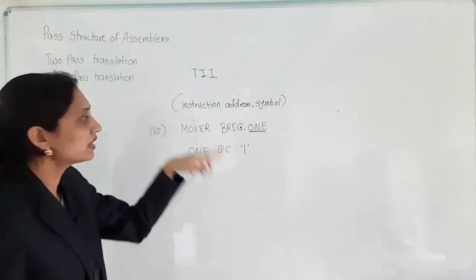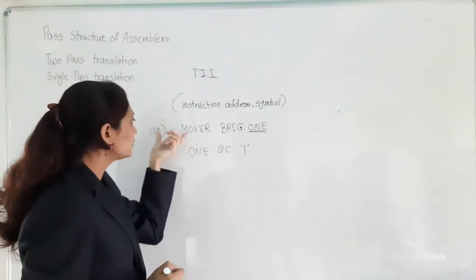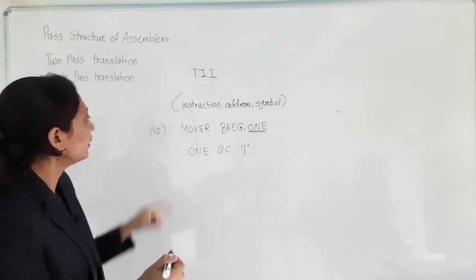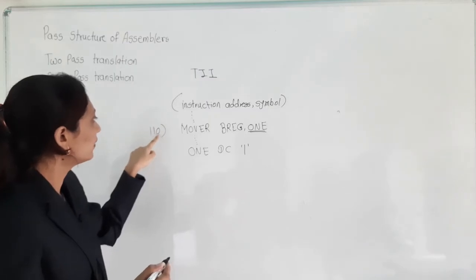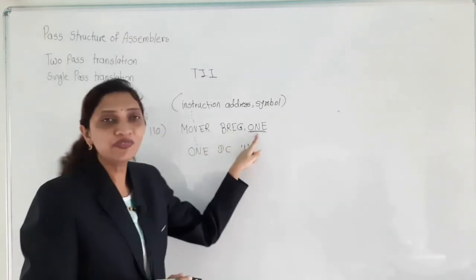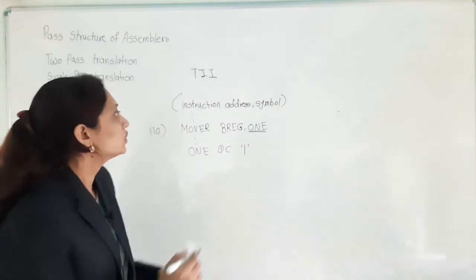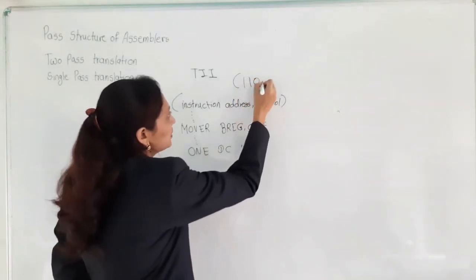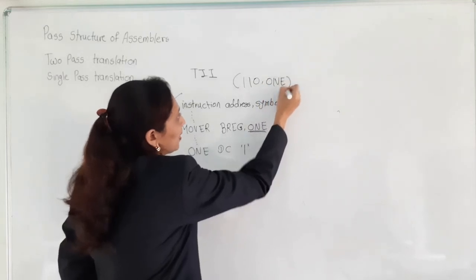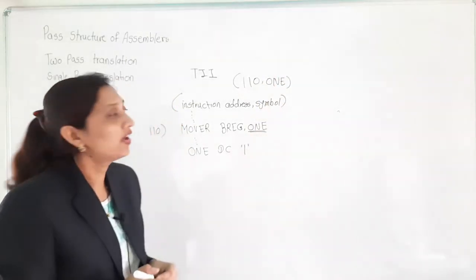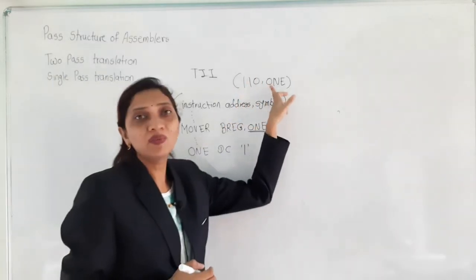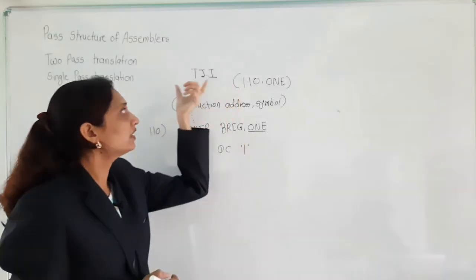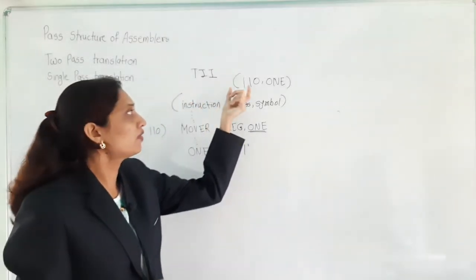Then the assembler knows that for statement 110 the forward referencing symbol ONE has come. So it enters in the TII table as 110, ONE. That is, at instruction 110, symbol ONE is there, which is a forward referencing problem. An entry in the TII table is made like this.